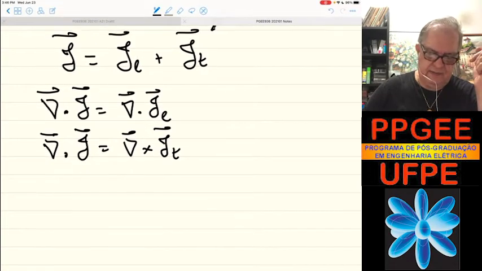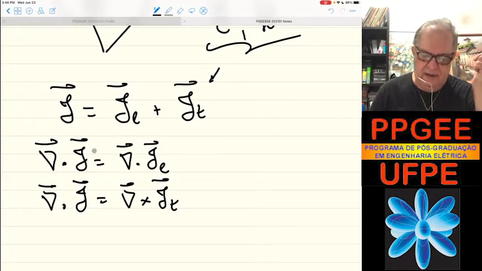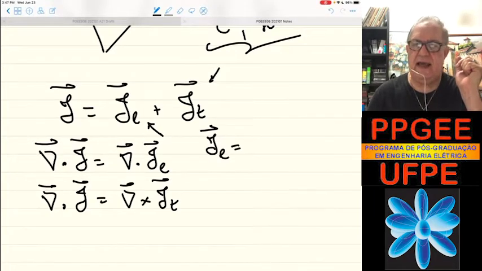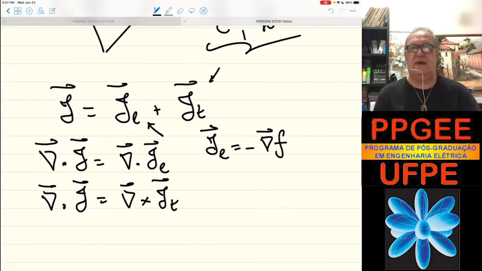So the fact that JL has zero curl allows me writing JL like the minus gradient of a function, right? That's the property of a longitudinal field.